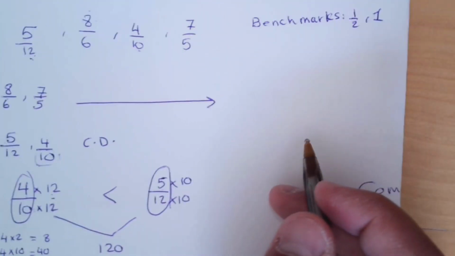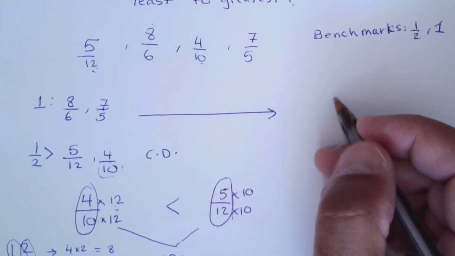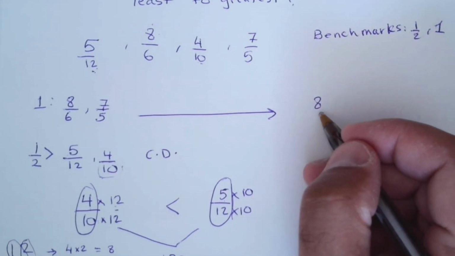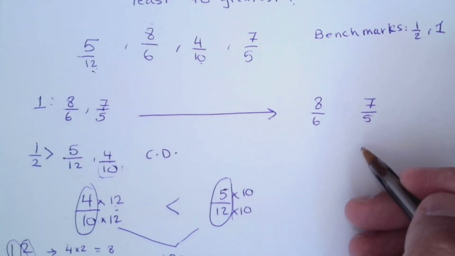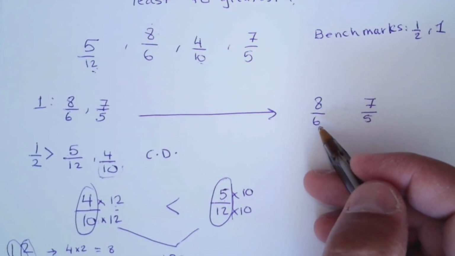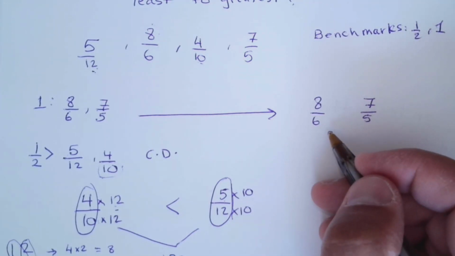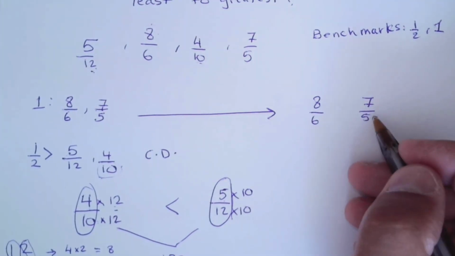So we're going to create a common denominator. Okay, so we have 8/6 and 7/5. Let's ask ourselves, can 5 become a 6? And the answer is no. So in that case, let's create a common denominator.